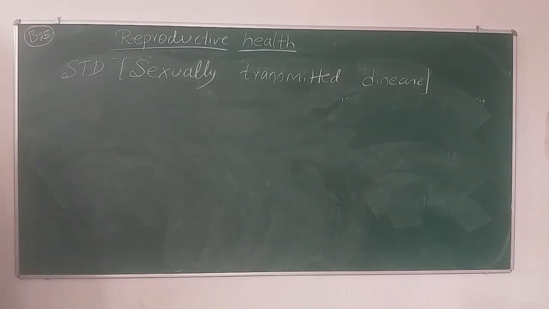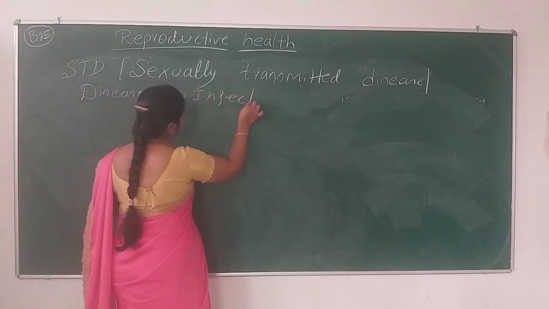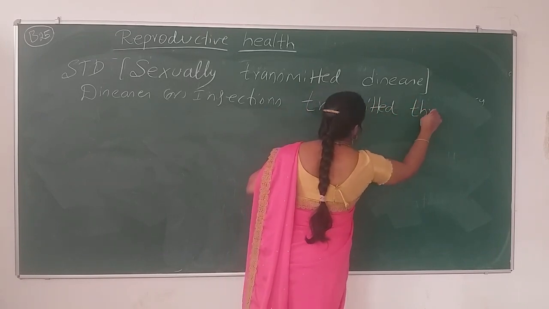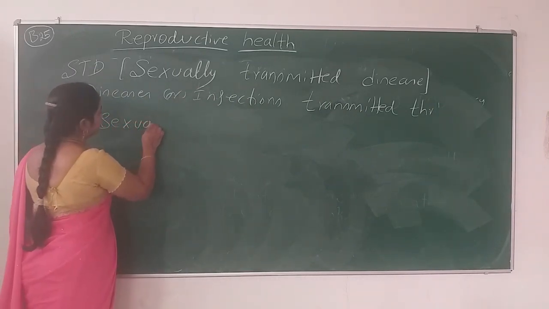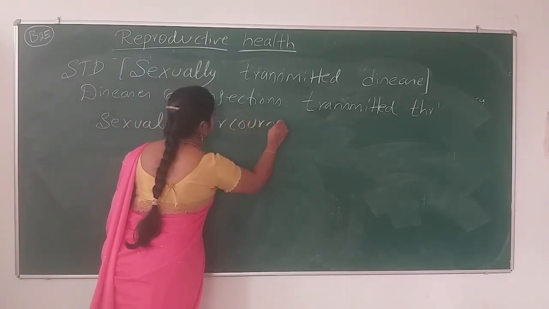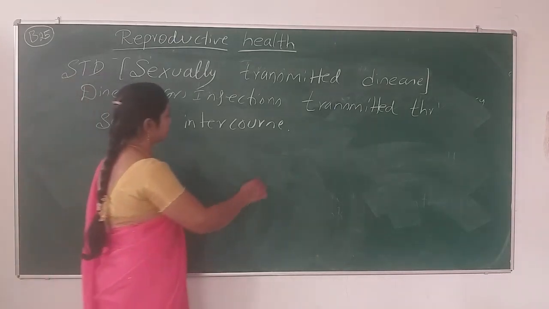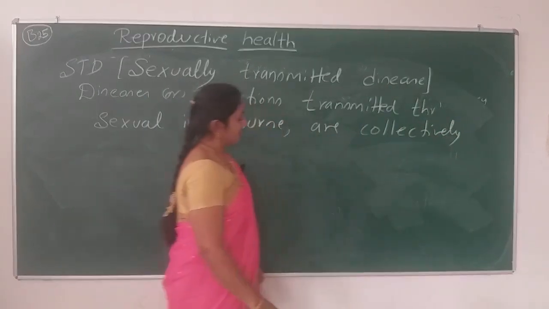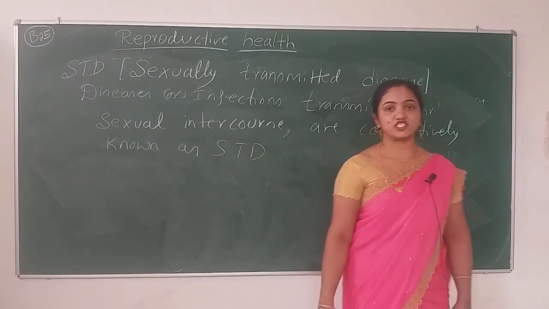The definition for sexually transmitted diseases is: these are the diseases or infections transmitted through sexual intercourse. This is collectively known as STD, or sexually transmitted diseases.